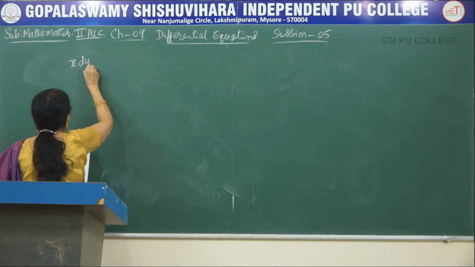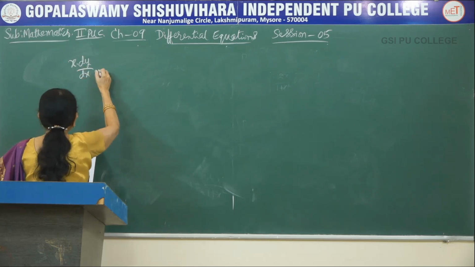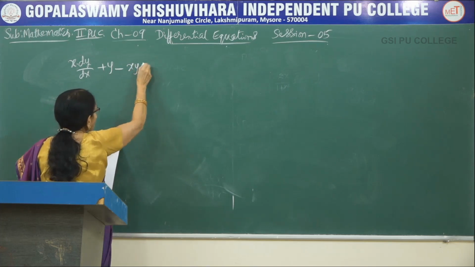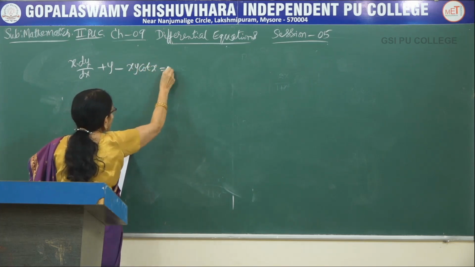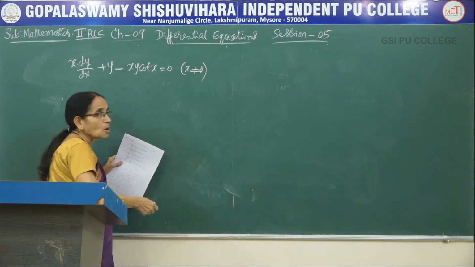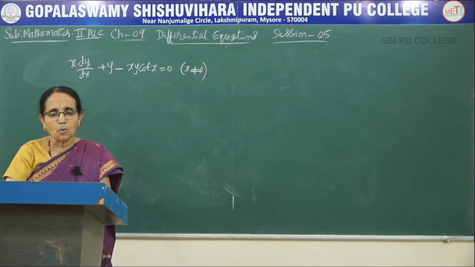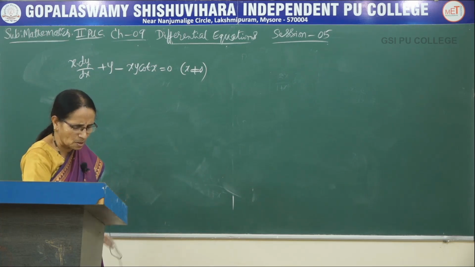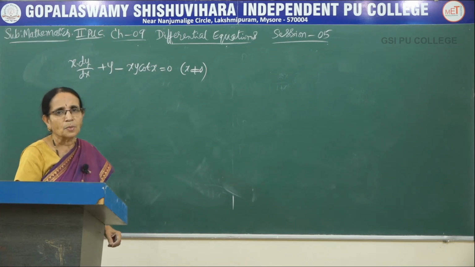Here, x into dy by dx plus y minus xy cot x is equal to 0. Again the condition, x is a non-zero real number. See, in the previous problem, each problem I am taking a little bit different.